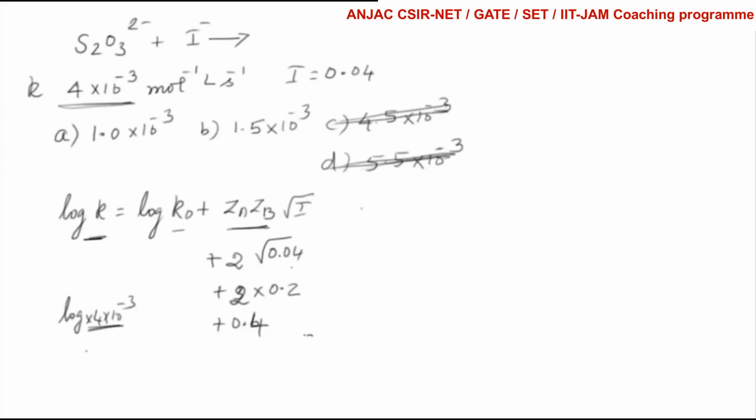It is 3 bar 0.60 for both. Therefore, minus 2.4 is equal to log K naught plus 0.4.